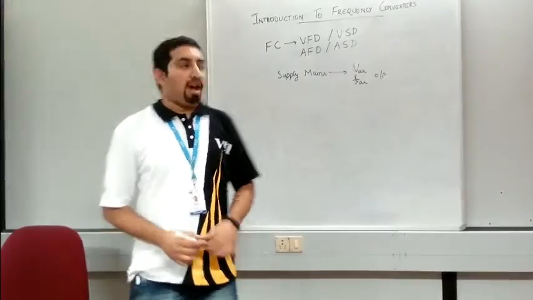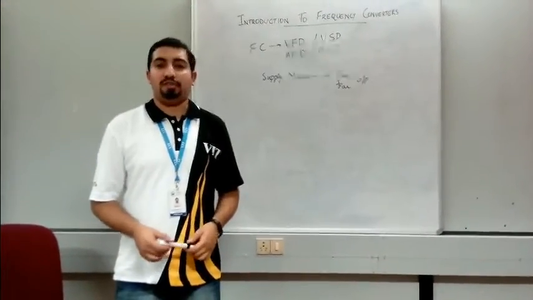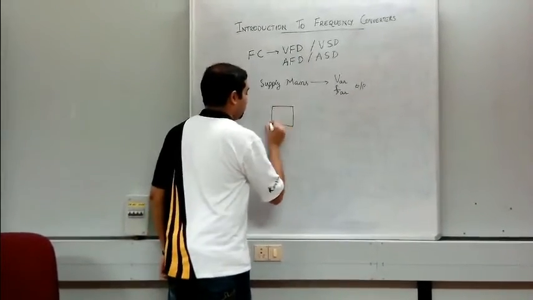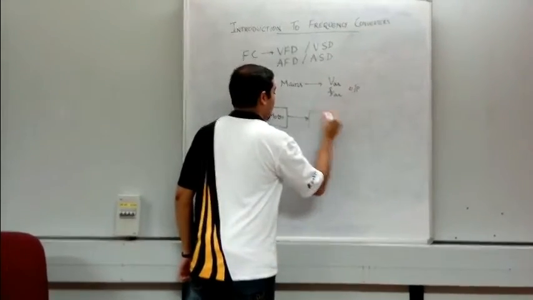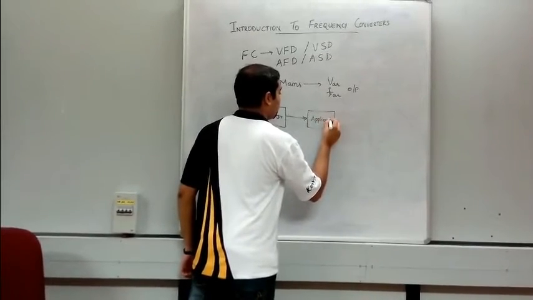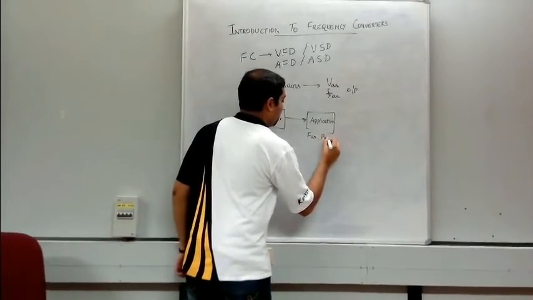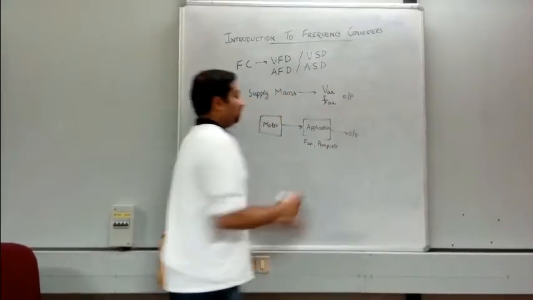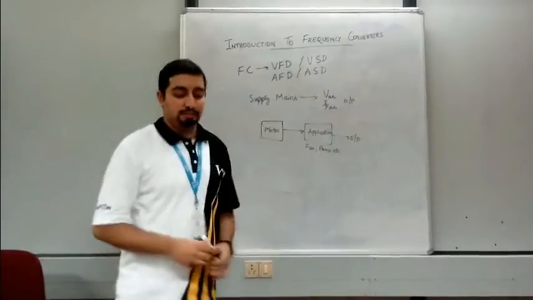Now let's understand why this frequency converter FC is required. What is the need of a frequency converter? Can't we function without it? Let's consider a scenario where we have a motor that runs an application. This application may be a fan or a pump or anything. So basically there is an output of the application, which is the required process.